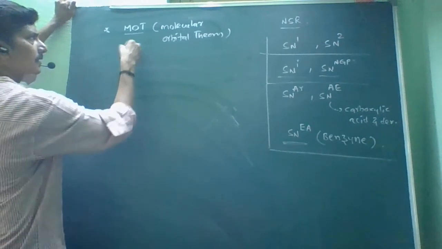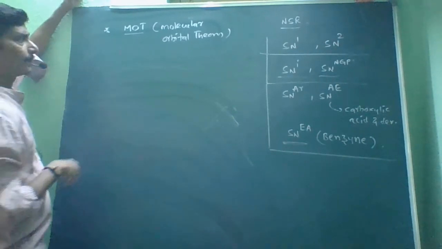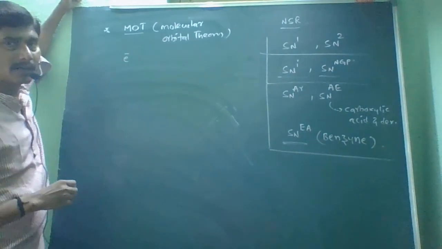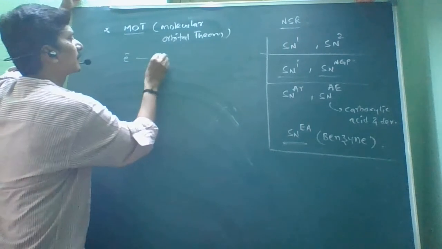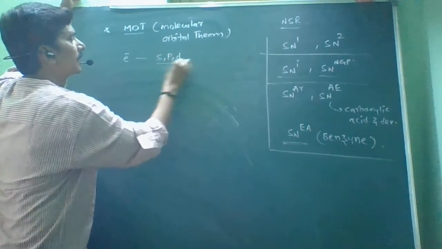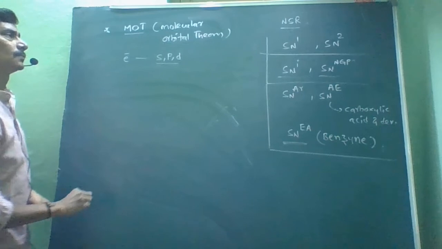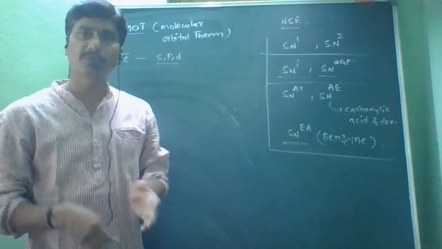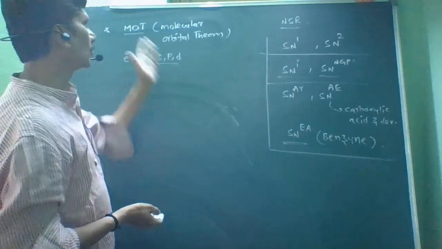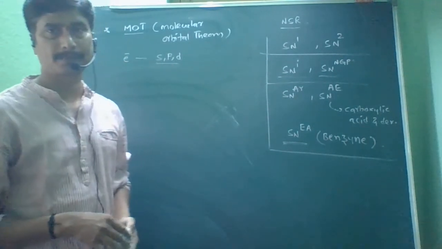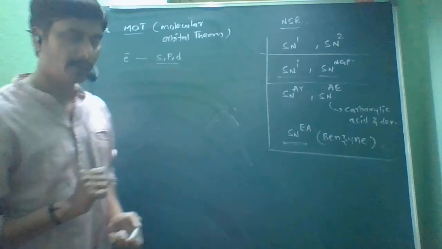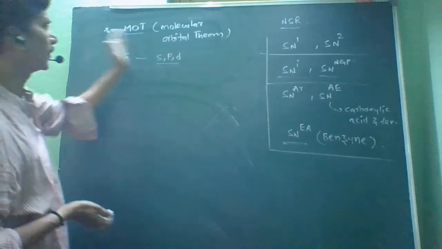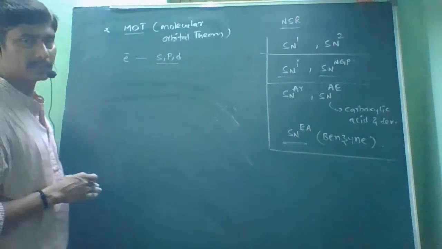As per atomic theory, we know that electrons reside in orbitals like s orbital, p orbital, and d orbitals. Atomic orbitals combine together and convert into molecular orbitals. I repeat again, atomic orbitals combine together and form molecular orbitals.